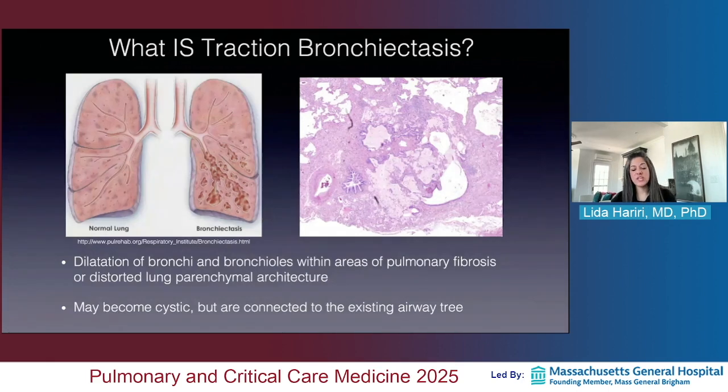Now, in contrast to that, traction bronchiectasis, or really more importantly, pathologically, traction bronchiolectasis, is where you take that pre-existing tracheobronchiolar tree and you dilate it to create cystic change, but it's cystic change of the pre-existing tree. Now, this may feel like semantics: what does it matter whether it's traction bronchiolectasis or honeycombing?